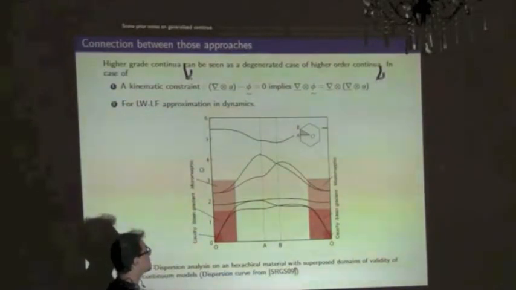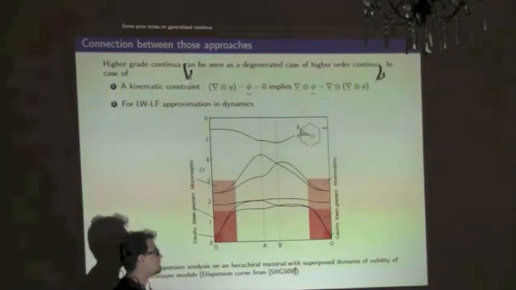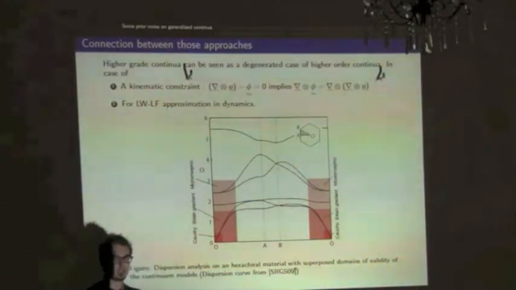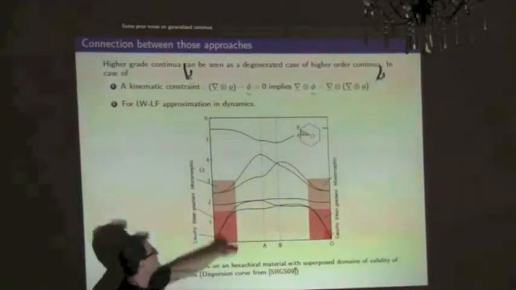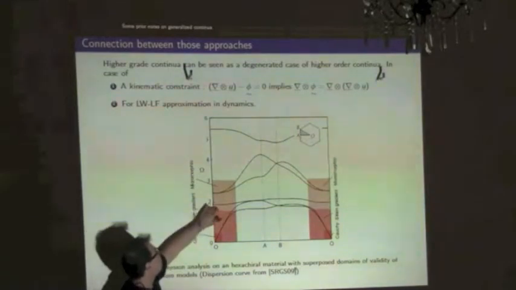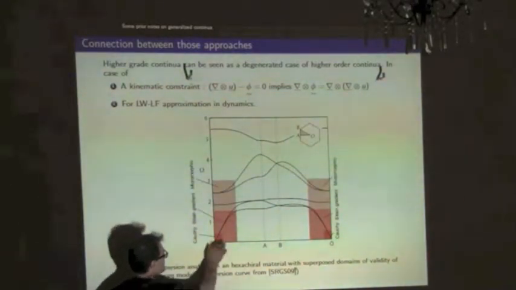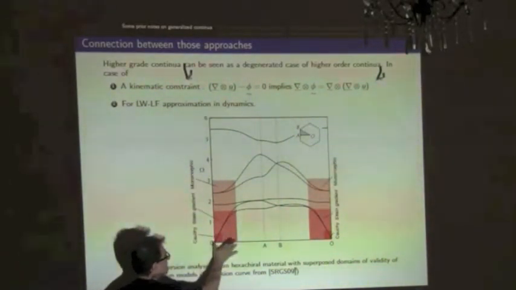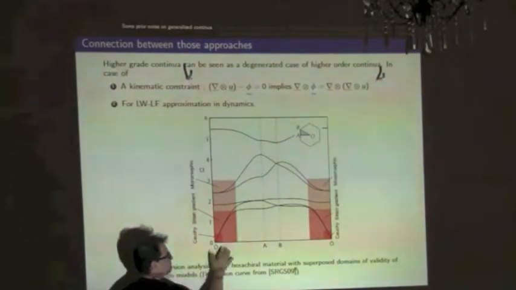So if I try to capture my dynamic features using higher order gradients in my formulation, as I don't have any extra degrees of freedom, I will lose in the homogenization scheme all the optic branches, and within strain gradient I extend a bit the domain that may be described by a continuum description.